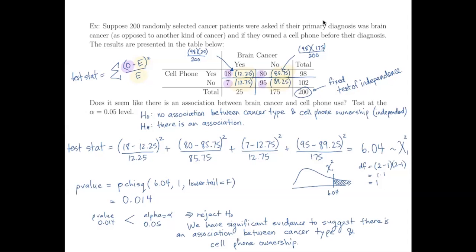Let me give you a for instance that might help convince you why. One variable that isn't considered here is age. I would guess that age is associated with both of these variables. For instance, let's think about people who are over 80 years old.